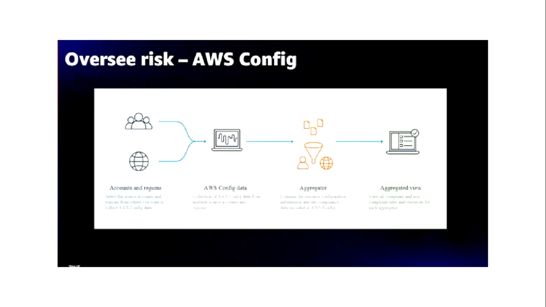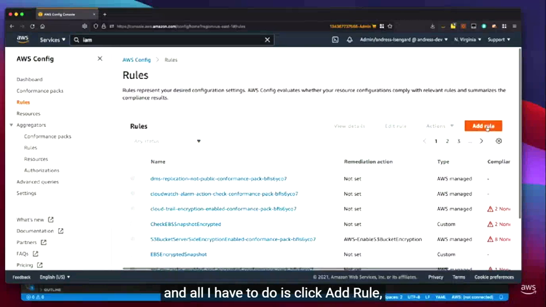So it provides a single aggregated visualization and dashboard for all the data, so we can look at all the data from the different operation unit accounts. And this is typical AWS Config.